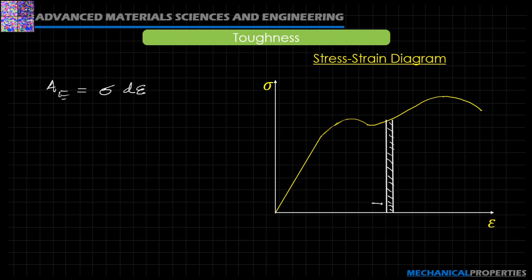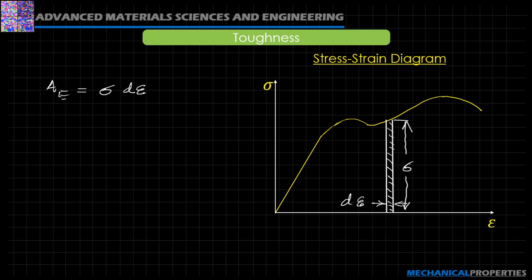Let's say this is the d epsilon and this is the stress. So we can easily calculate the area of this very element, and that is sigma d epsilon.